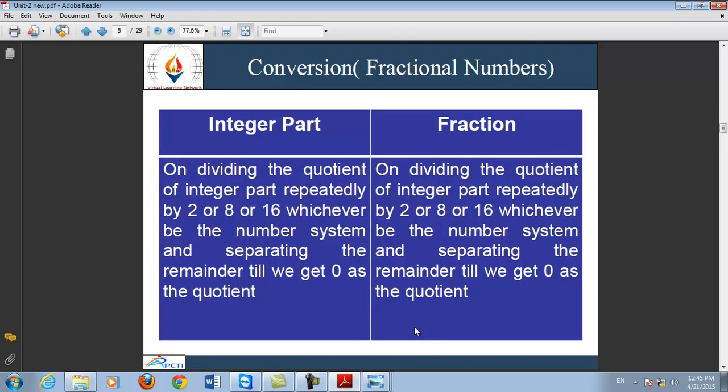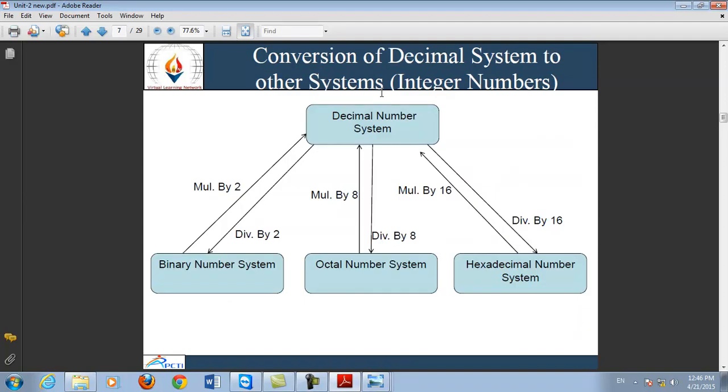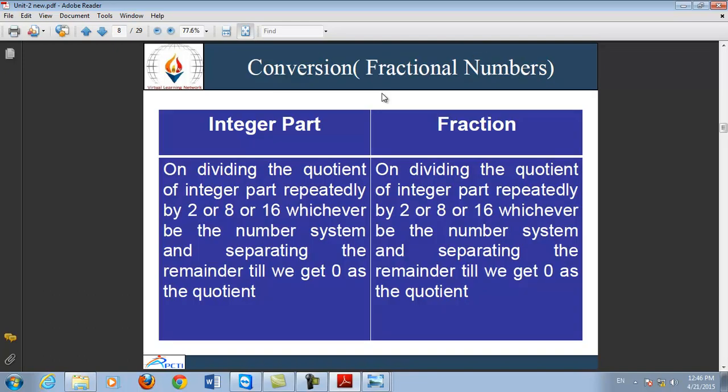Now, the next is, as I already told you, there are two kinds of number, that is integer number or fractional number. In this case, we talk about the integer numbers, means number without decimal. But what about in case of fractional numbers? Fractional numbers contain two parts. First is integer part and second is fraction part.